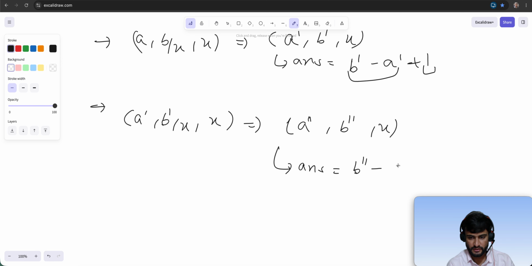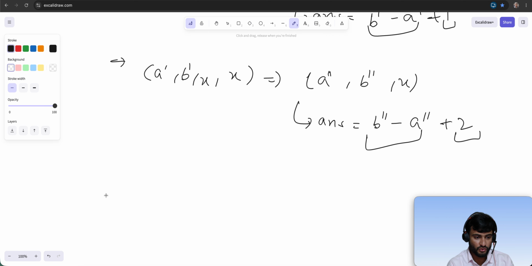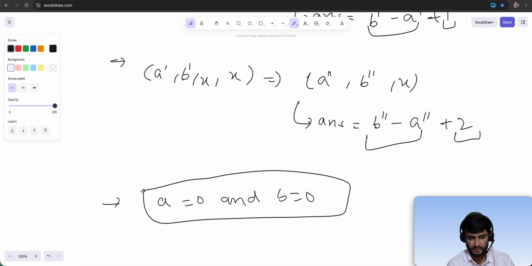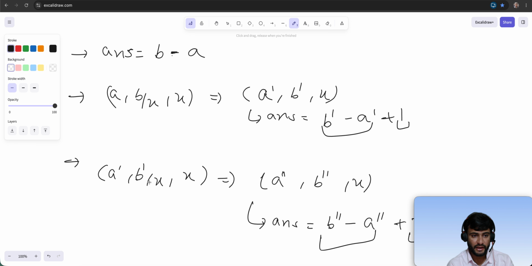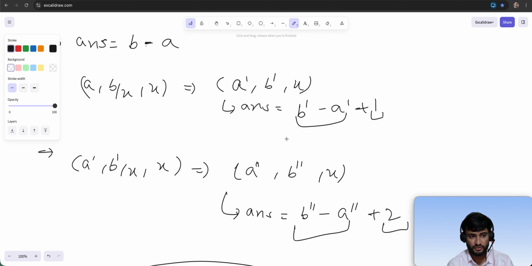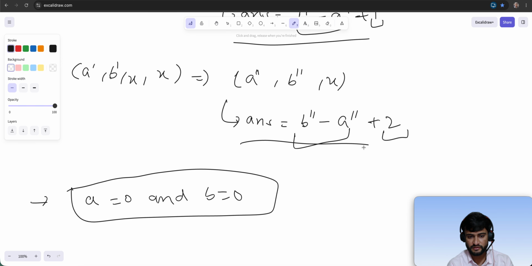So your answer will be b double dash minus a double dash plus 2. These are the add operations, and these are the divide operations. So you will consider all of the cases until a equals 0 and b equals 0. In this way we have considered every possible optimal case. And in the end, we will take the minimum of all of these answers.